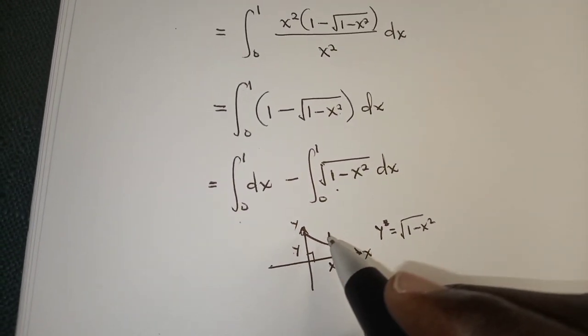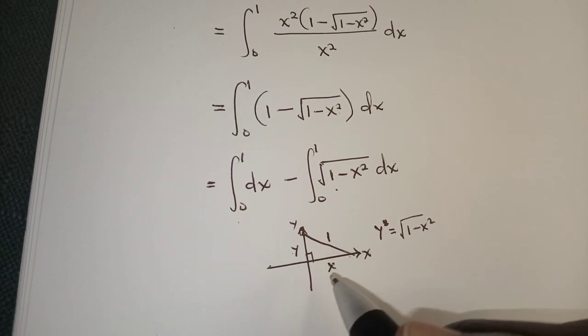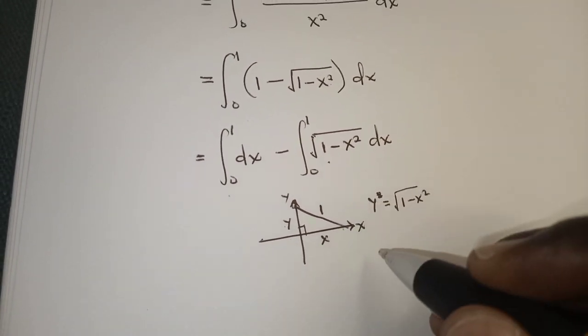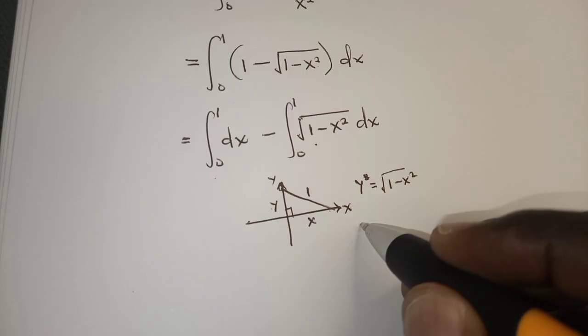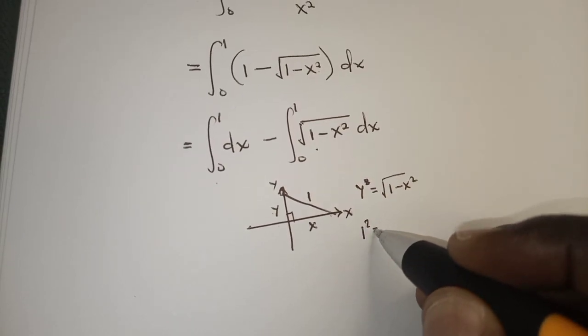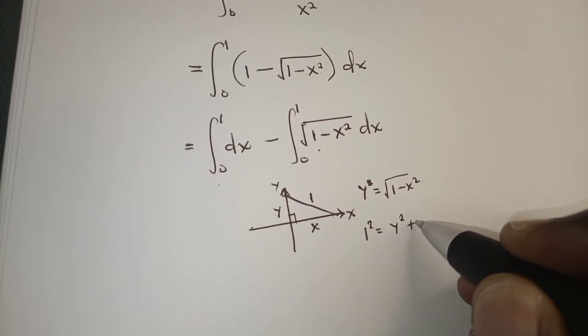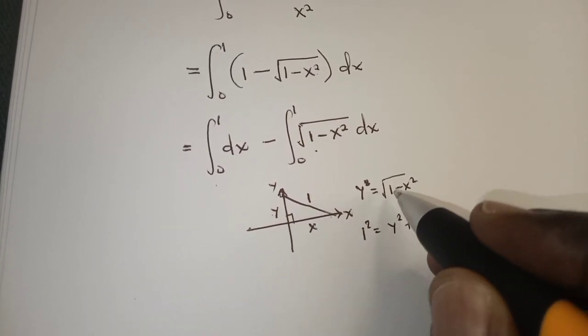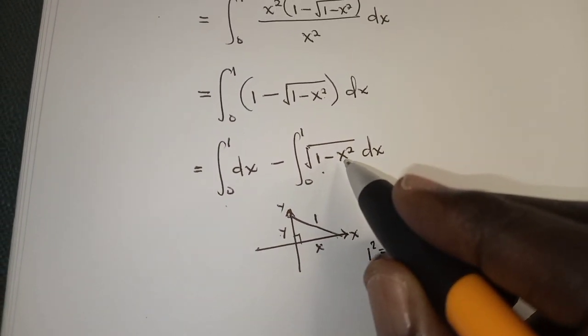So 1 squared equals y squared plus x squared. You change subjects, you make y the subject, you get this. So it's the same thing as this.